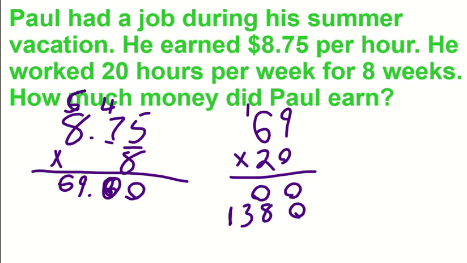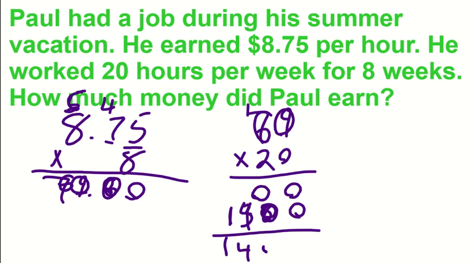Oh, that should have been 6. Sorry, that should have been 70. That's where I messed up. My fault. So then when you add it up there, you get 1,400.